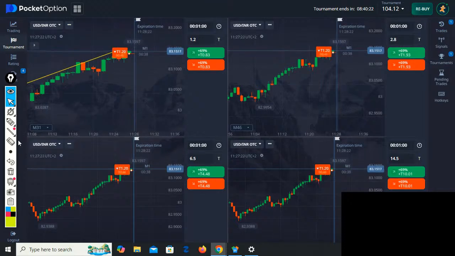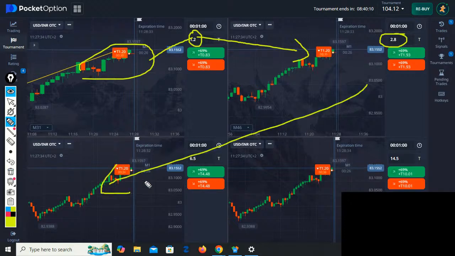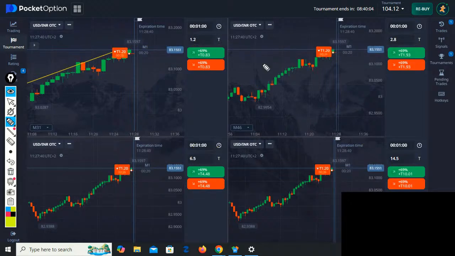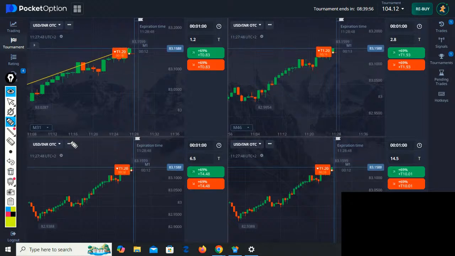If this one loses with this amount, we take the second trade here also for a sell with this amount. If this lost, we go for a buy over here with this amount. If this one lost, we go for a buy over here with this amount. However, whenever you have a winning trade here, here, or here, you always go back to the first step of the cycle.